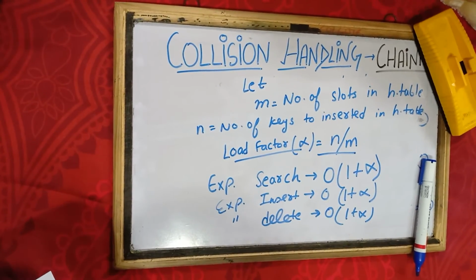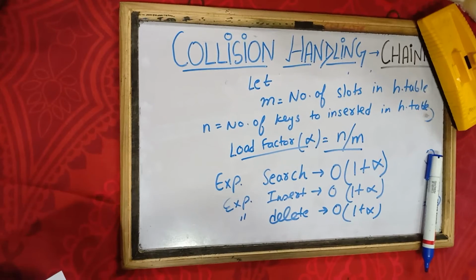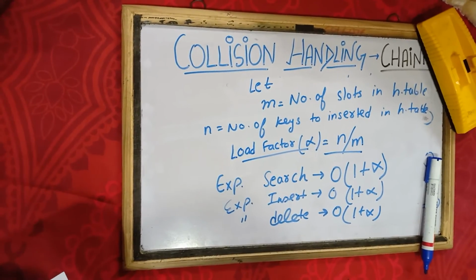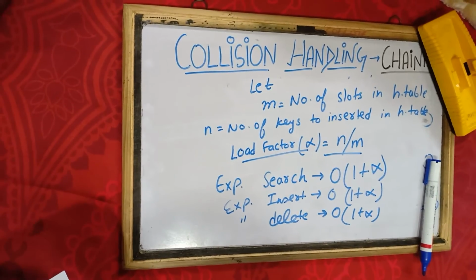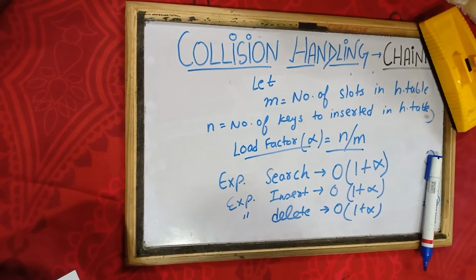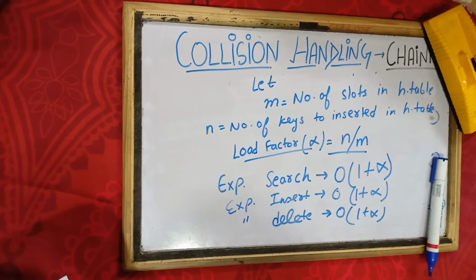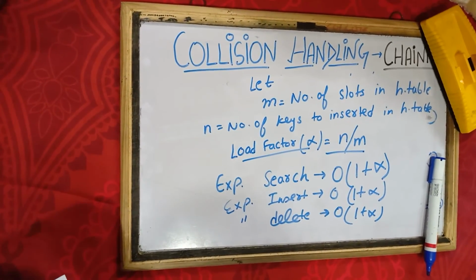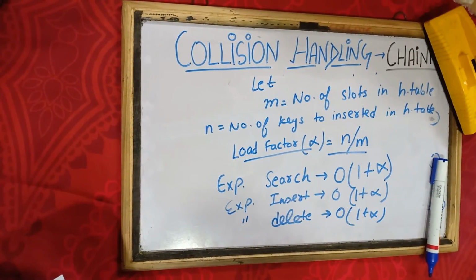Third, in the worst case, search time can become big O(n). And fourth, we are using extra space for links. Therefore, we have to come up with a better collision handling technique. Hence, in the next video, we will be learning about open addressing.